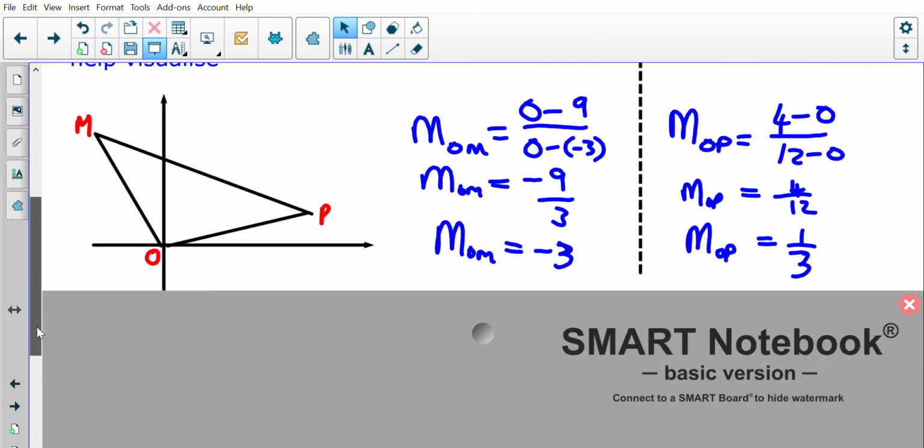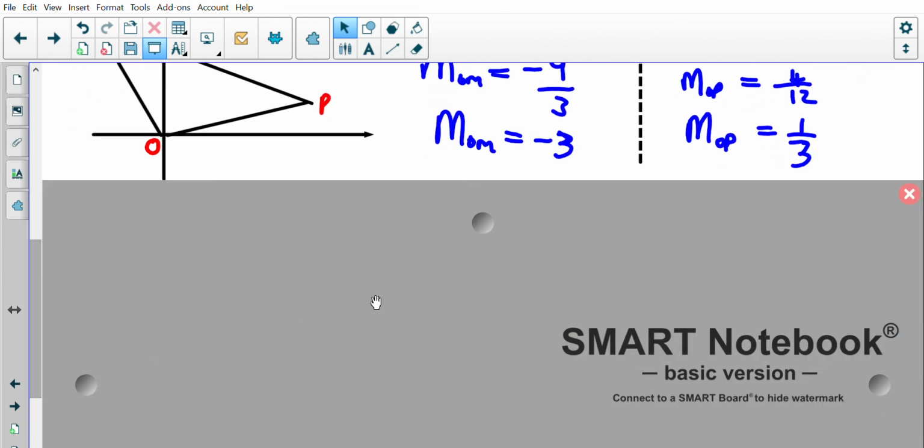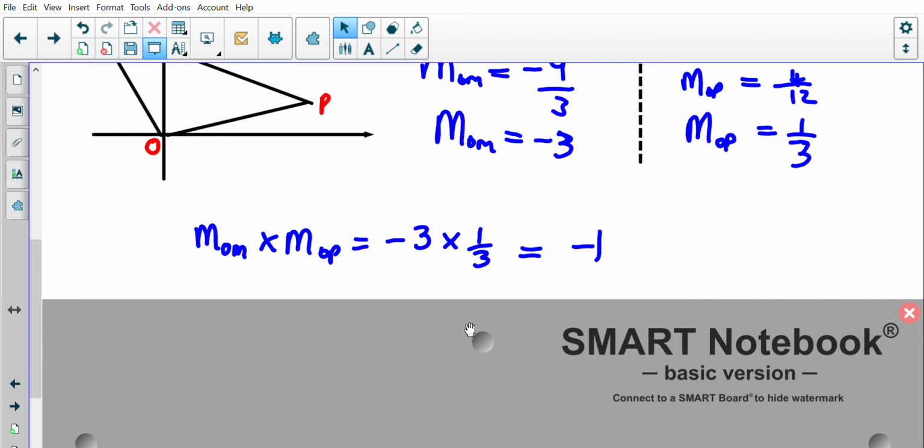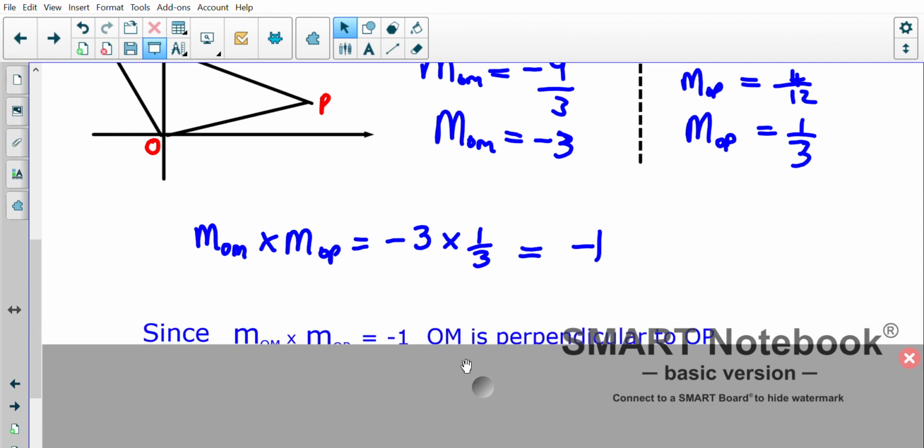So we've got two gradients. How can we show that the two lines that give us these gradients are perpendicular? Well, we could multiply them together. If we took OM and OP and multiplied the gradients together, if it's right angled, if they're perpendicular, then it should come to -1. And you can see from that calculation that this is indeed true.